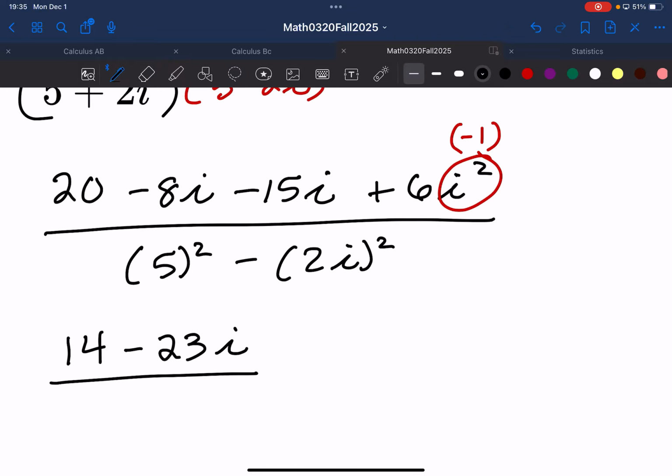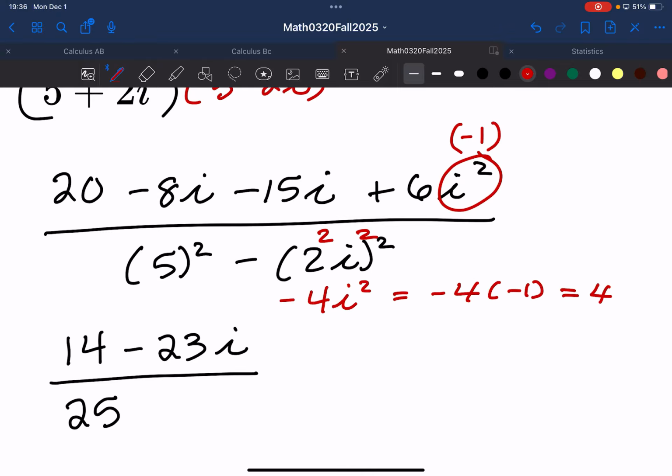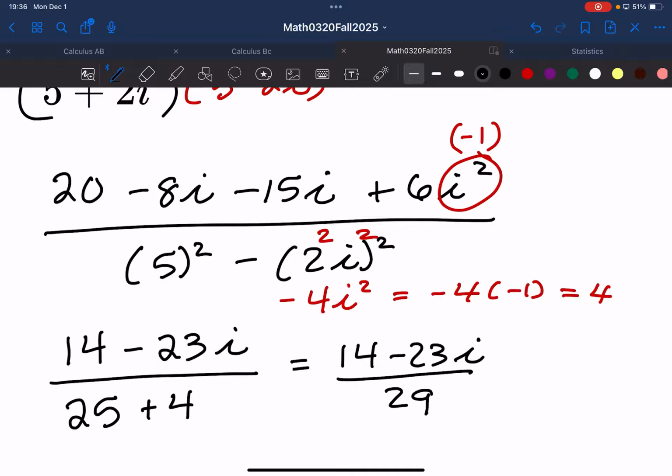And then we have 5 squared, which is 25. And then this minus 2i squared, this 2 is being squared, and the i is being squared. So that means that it's going to be a positive. So this is a negative 4i squared, which is negative 4 times negative 1, which is positive 4. So this is plus 4. So I have 14 minus 23i over 29. Okay, and that would be my answer.